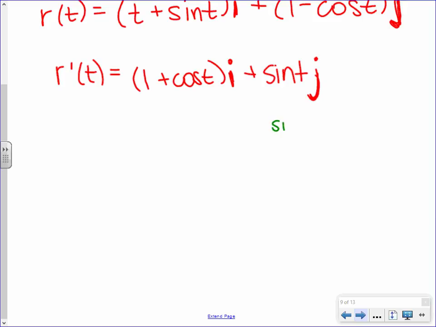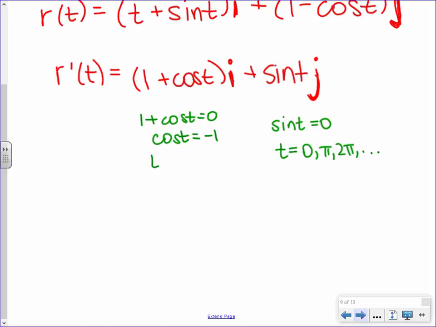When is sine of t equal to 0? 0, pi, and pi n. Right? Okay. When is 1 plus cosine of t equal to 0? Essentially, when is the cosine of t equal to -1? Pi, and then the next place would be 3 pi, and that would continue, right?